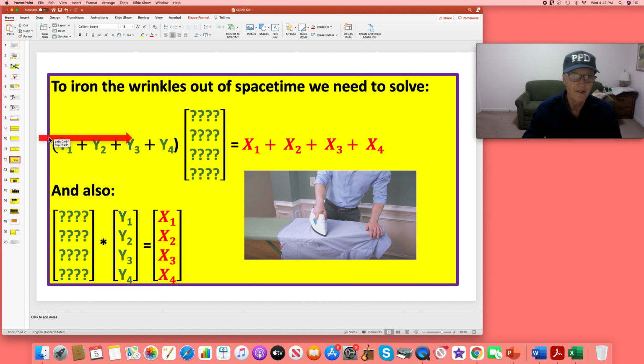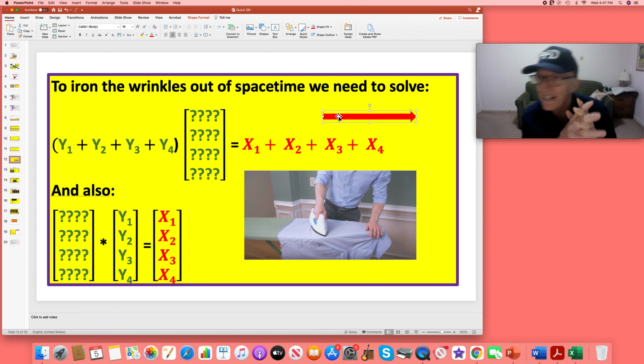So let's break this into two problems and focus on one at a time. We're going to focus on the problem on the left here: the row vector y1, y2, y3, y4 times question mark is equal to the row vector x1, x2, x3, x4. We want to get that row vector in x.